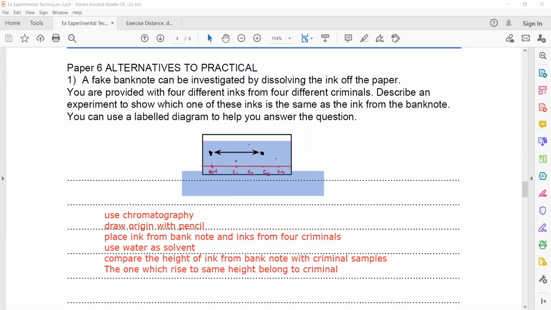The one which matches or rises to the same height belongs to that criminal. So this fake banknote belongs to criminal 3 in this example. But you don't have to mention a specific criminal. You just have to outline the experiment. Is it clear?